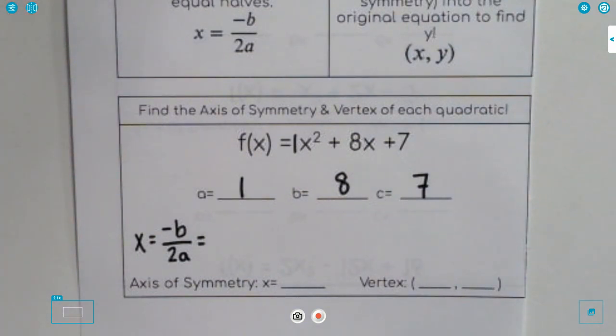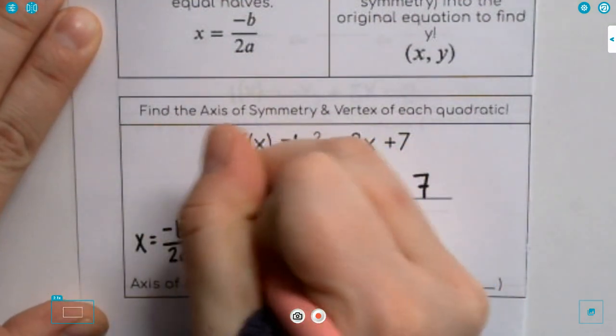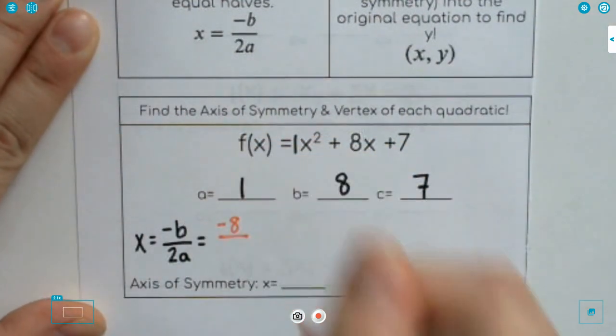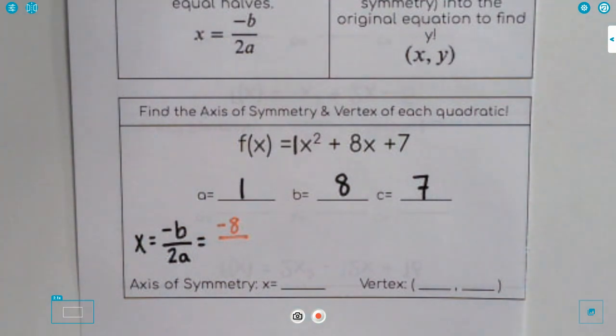Negative b, the negative is part of the formula, and then I plug in my b value. So negative b would be negative 8 on top, over 2a. It's 2 times a, so that's 2 times 1.